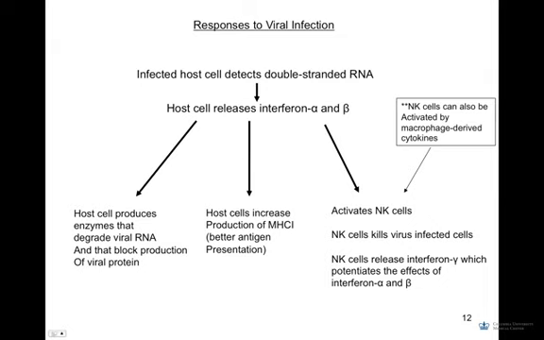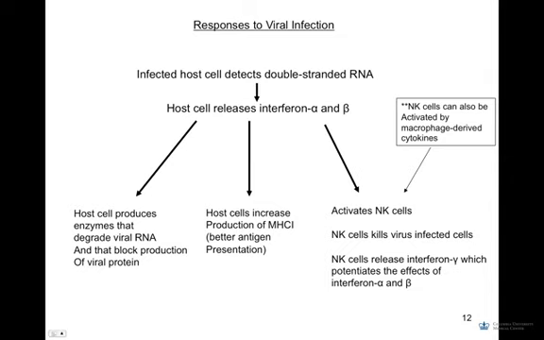So when the host cell detects that, it releases two key cytokines, interferon alpha and interferon beta. And interferon alpha and beta are going to have effects on the host cell that released it, and also have effects on neighboring cells.